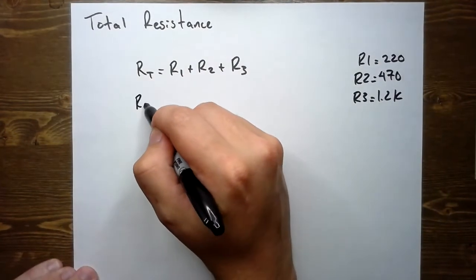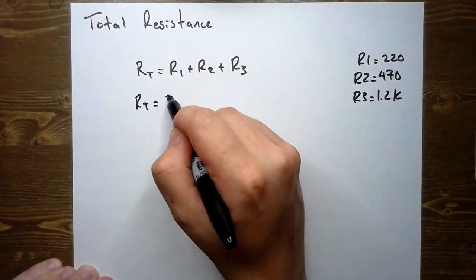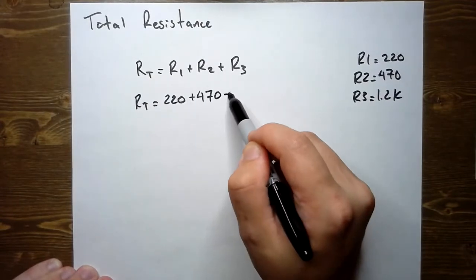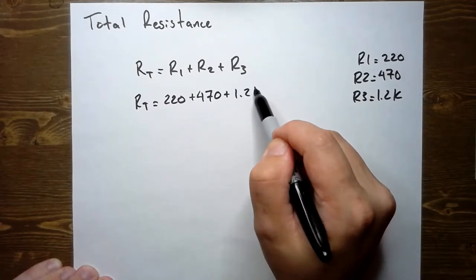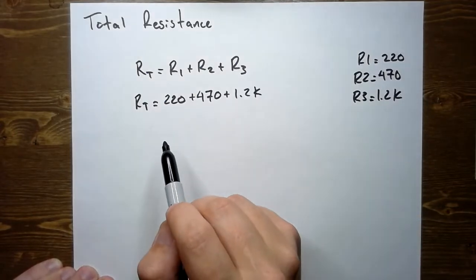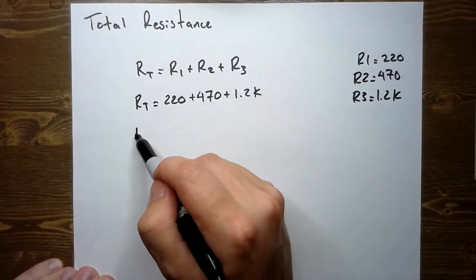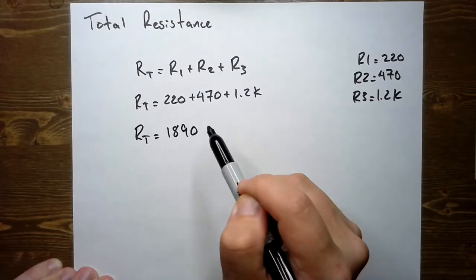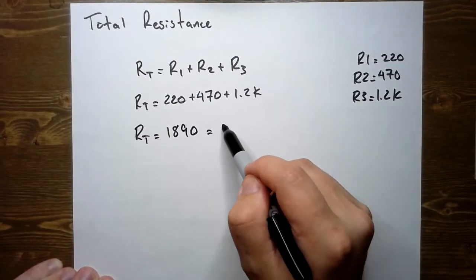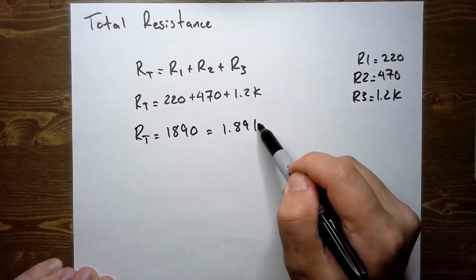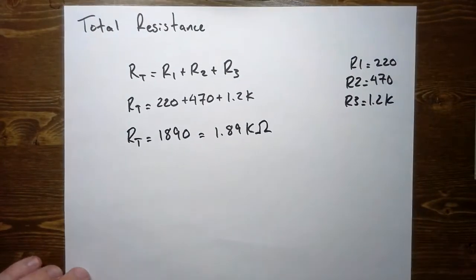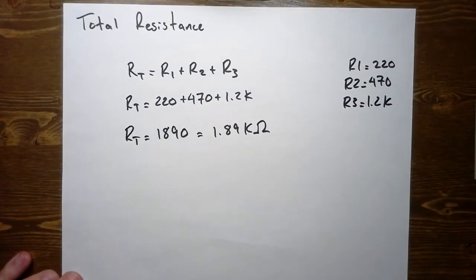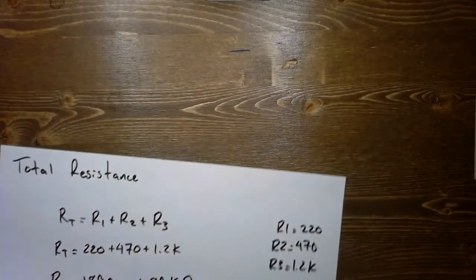So our RT is equal to 220 plus 470 plus 1.2 K, which is equal to 1890, which is equal to 1.89 kilo ohms. Okay? So that's our total resistance. That's our first step to verifying Kirchhoff's voltage law.